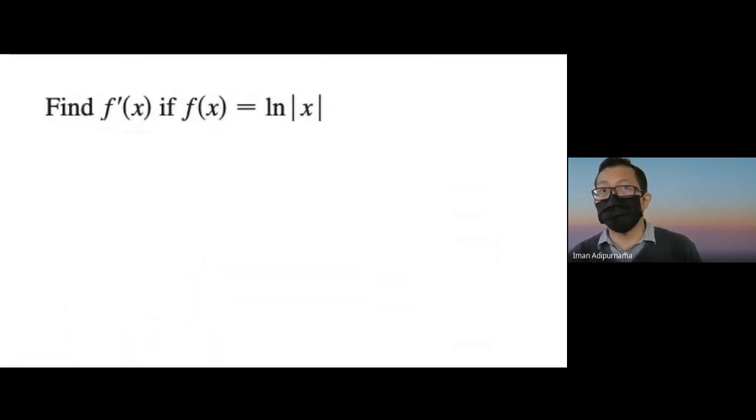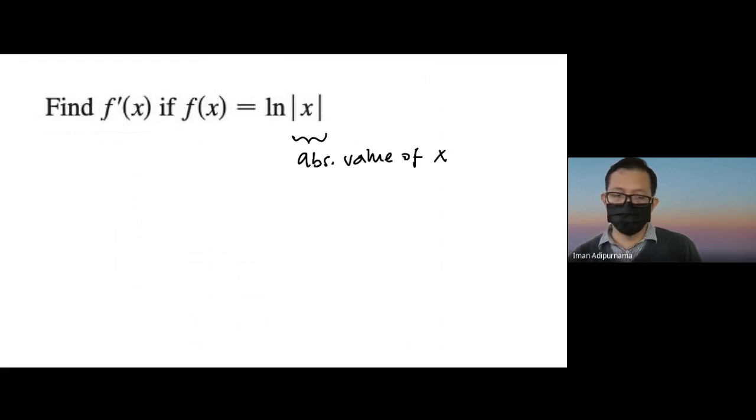But if f of x is ln with absolute value, we need to also think that we may have two different answers because x can be positive or x can be negative, right?